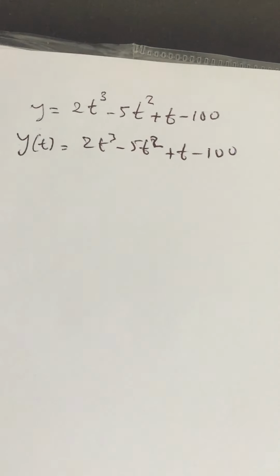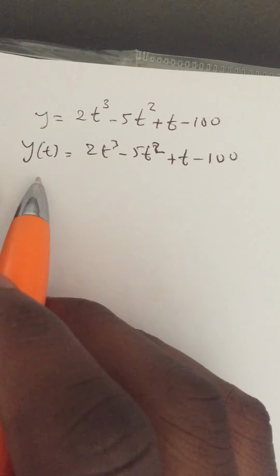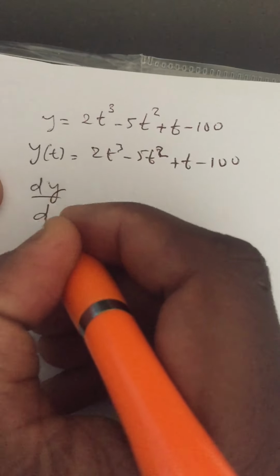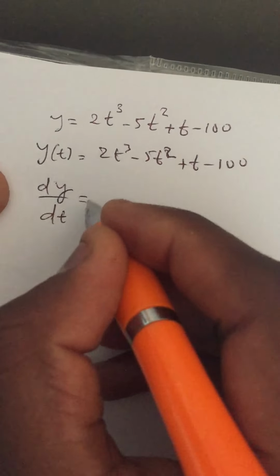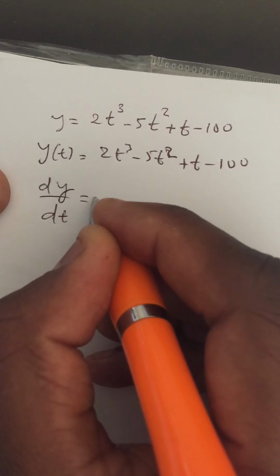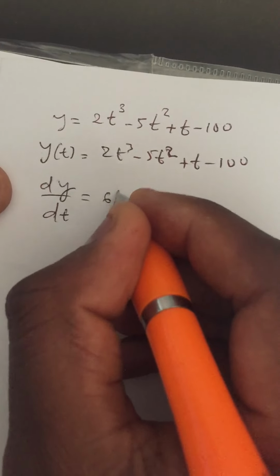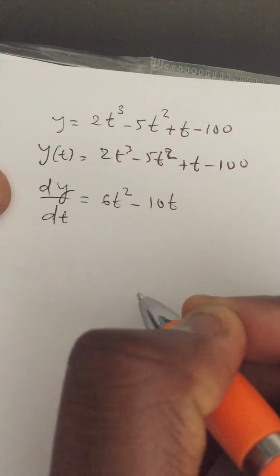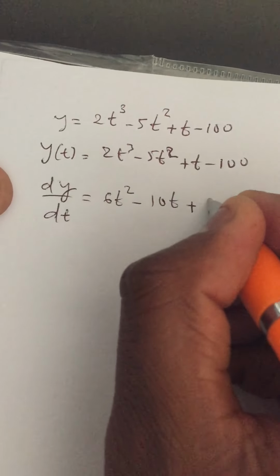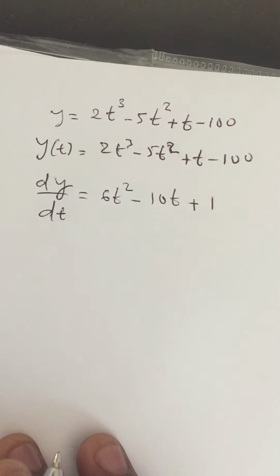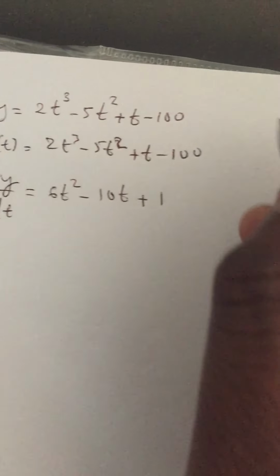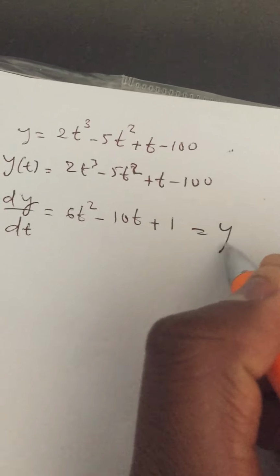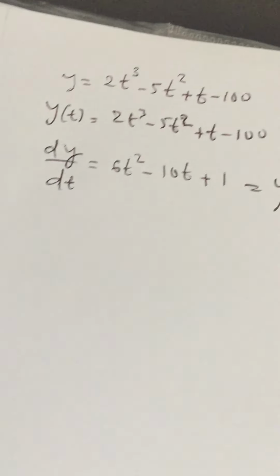If I have to differentiate, my differentiation will be with respect to t, dy over dt. This one is going to give me, you know, the power rule. It's going to give you 6t to the power 2, minus 10t to the power 1 plus 1, that's it. So the same thing, you can just write this as y prime only. All right, there you go.